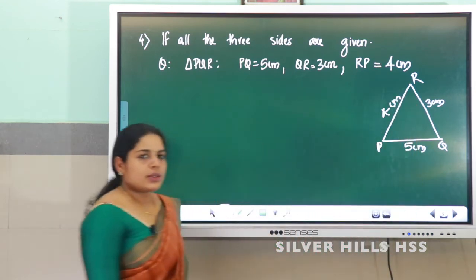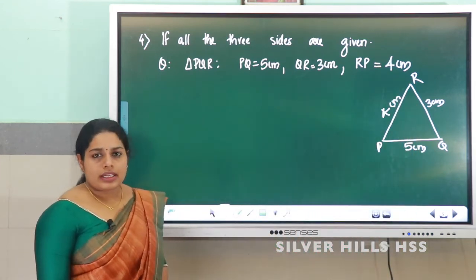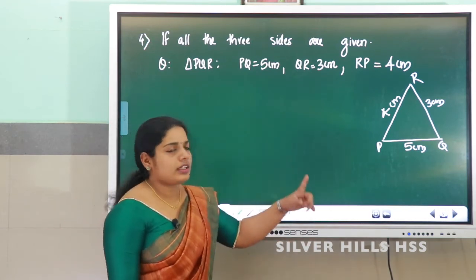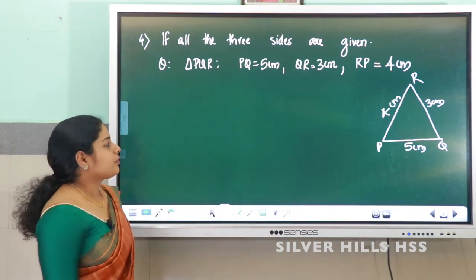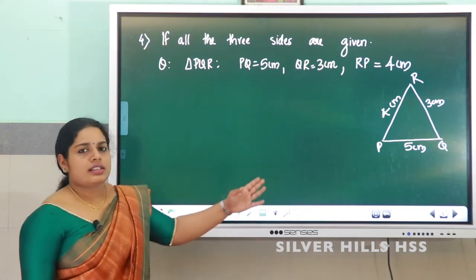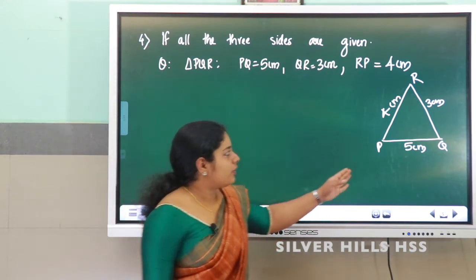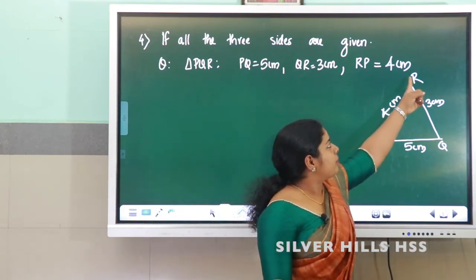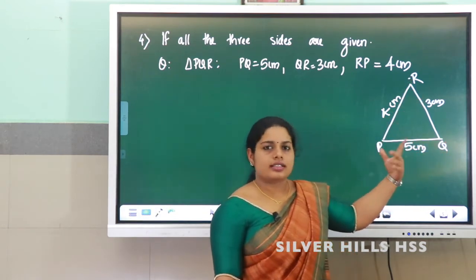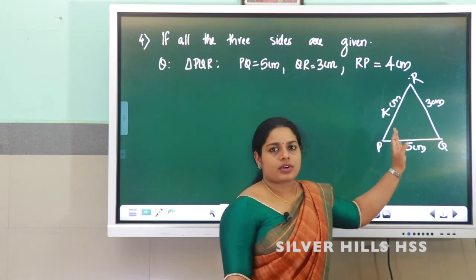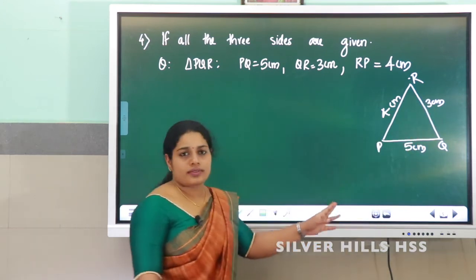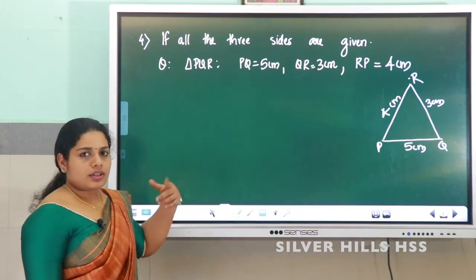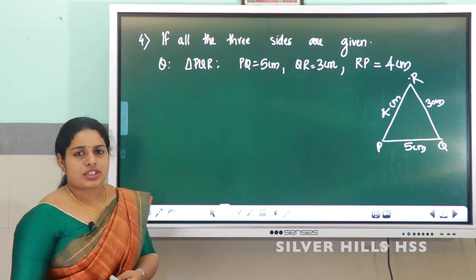As usual we will draw the base of the triangle first, that is PQ equal to 5 centimeter. If we change the base also, no problem. When we are naming the triangle, if you are writing P, Q and R like this, it's okay. Position of the letters are not important. According to that you have to change the measurement also.